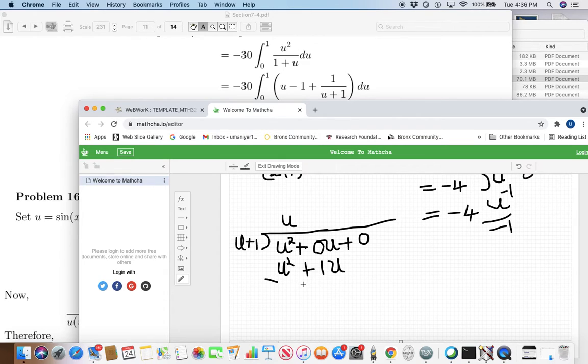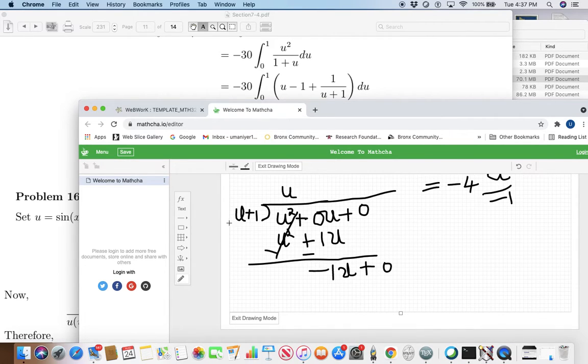Subtract. These two cancel. You are left with negative 1u and simply 0 as the constant term. Now, u goes into negative 1u negative 1 times. So negative 1u, negative 1.